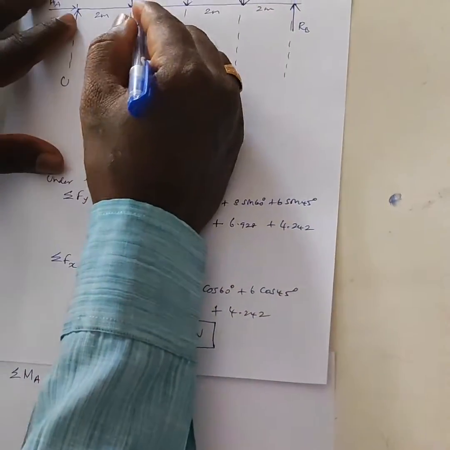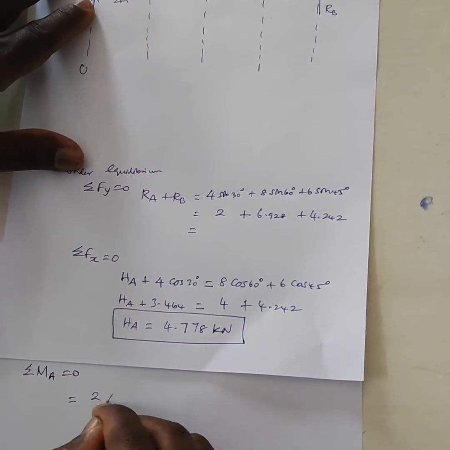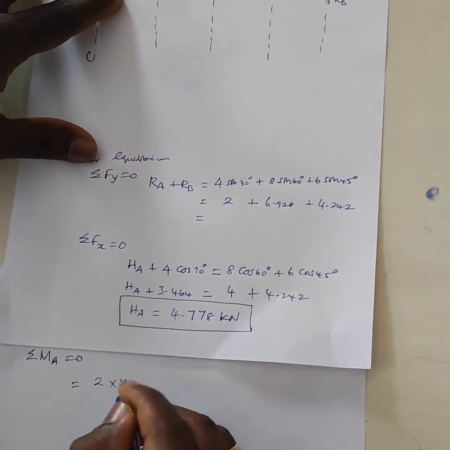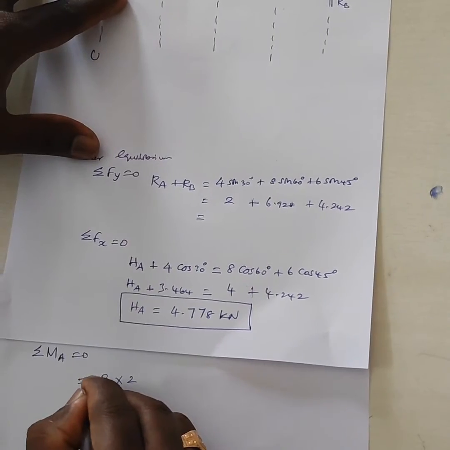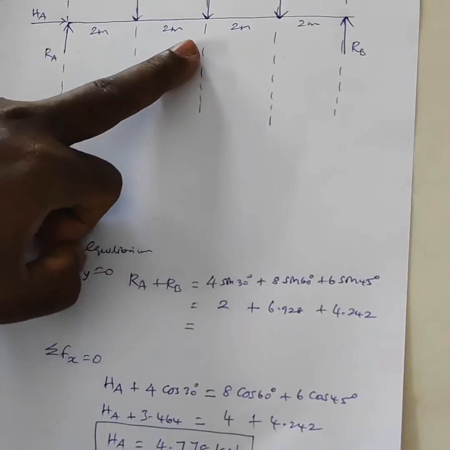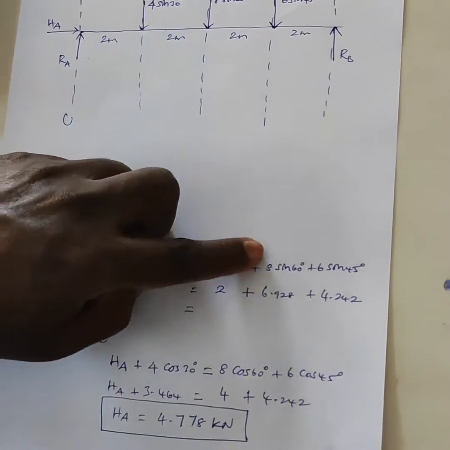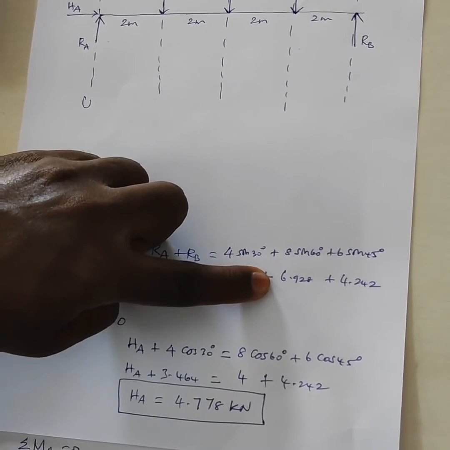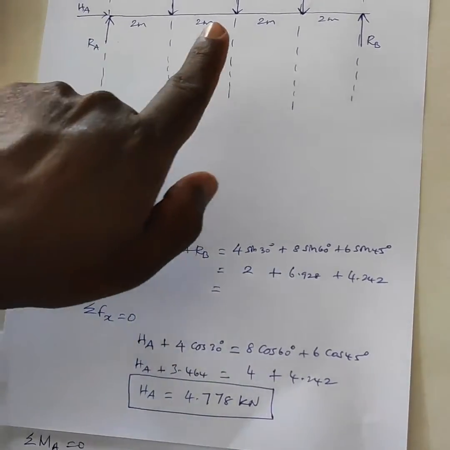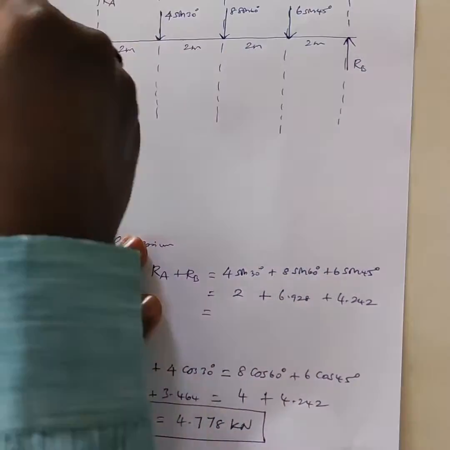First force you consider 4 sin 30, which is 2. 2 into 2, the perpendicular distance is 2. It rotates in the clockwise direction, so take it as minus. Next, 8 sin 60, this is also clockwise, minus. The 8 sin 60 value is 6.928 multiplied by the perpendicular distance of 4 meter, clockwise.